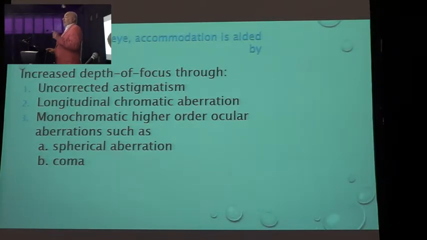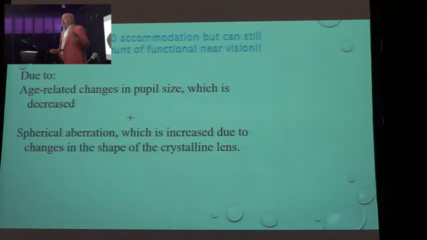Now this is in the healthy eye, please note. Age 60 and above, and they still can probably see a little bit. Why is that? That is due to age-related changes in the pupil size, which is decreased, i.e. an increase of depth of focus, and spherical aberration, which is increased due to changes in the shape of the crystalline lens.